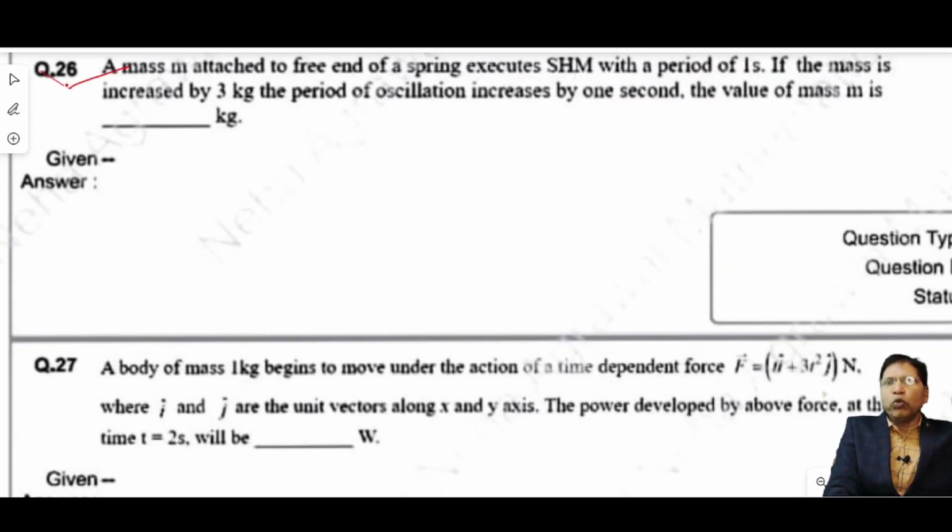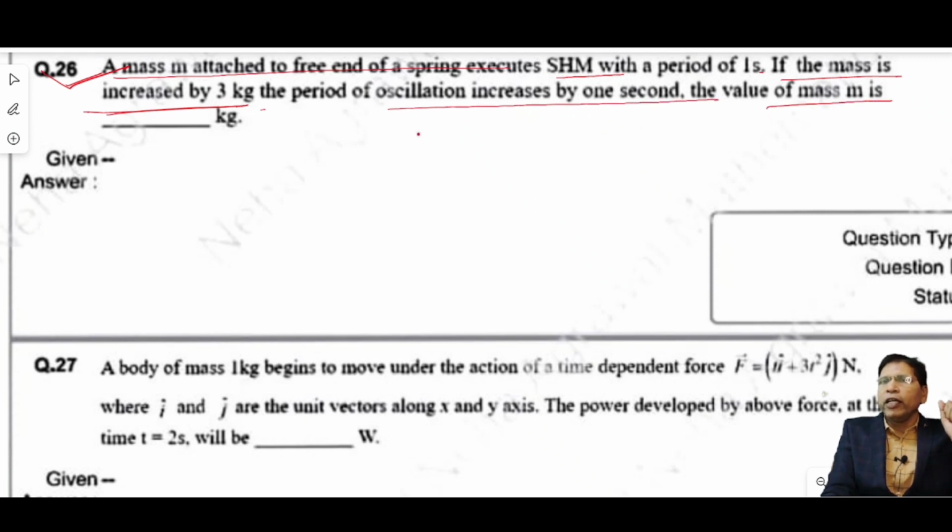Now question number 26. A mass M is attached to the free end of a spring executing SHM with period 1 second. If the mass is increased by 3 kg, the period of oscillation increases by 1 second.